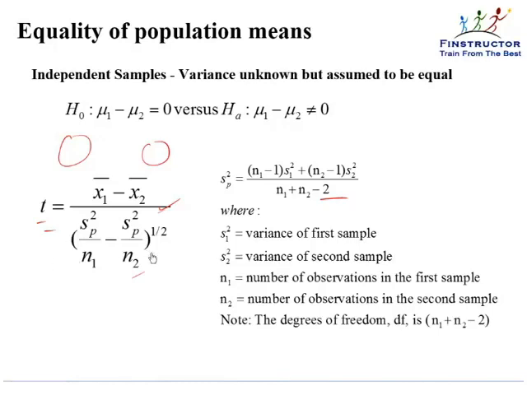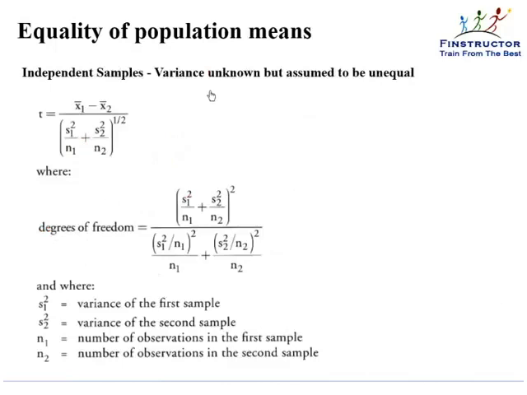This is the formula that needs to be applied when variance is unknown but is assumed to be equal for both populations. If the variance of the two samples is unknown and assumed to be unequal, then the formula differs slightly.